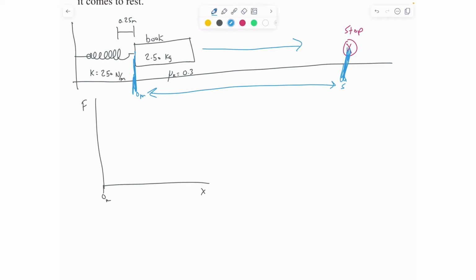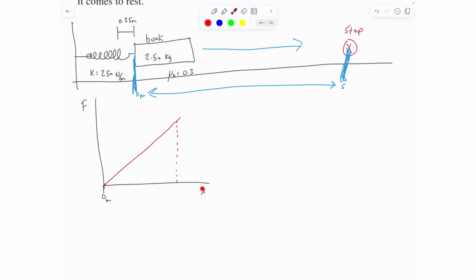So what we're looking at here is the spring. The spring graph is going to look like this. Okay, let me explain this. This x means how much the spring is compressed or stretched.